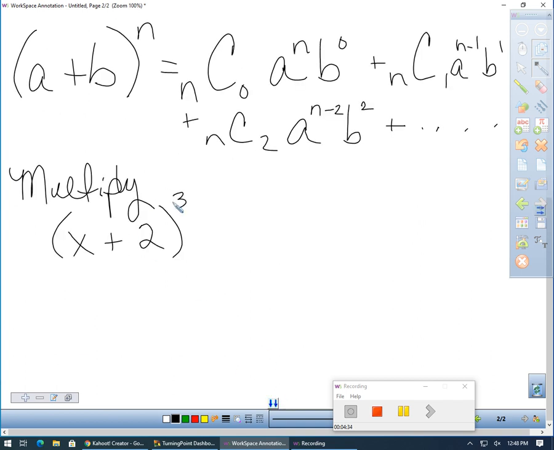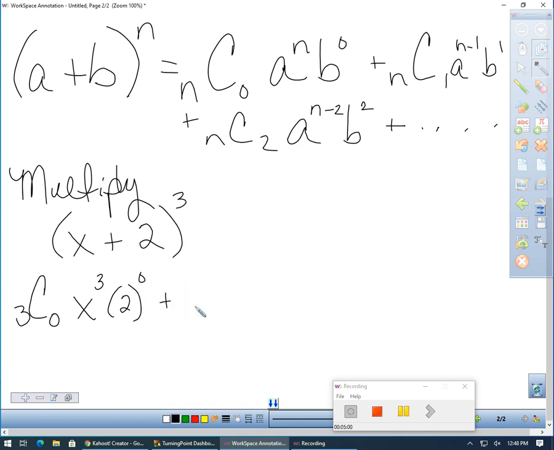Alright, so what it starts with, the first term, the 3 is what it is, right? So we're going to have 3 choose 0. The first term is the x to the third. The second term is my 2 to the 0. See how the numbers at the bottom, the n and the r, you'll see n and the r on top, right? Plus.